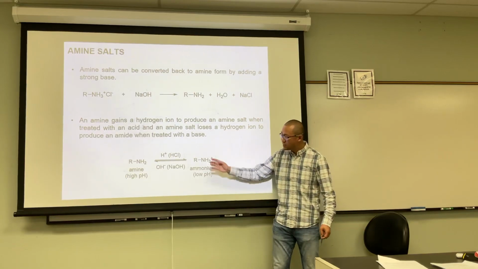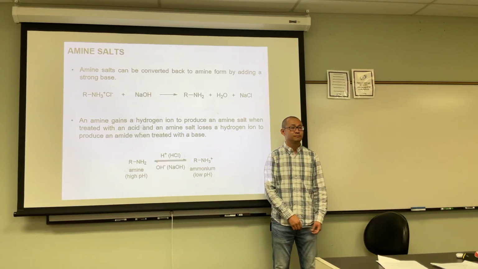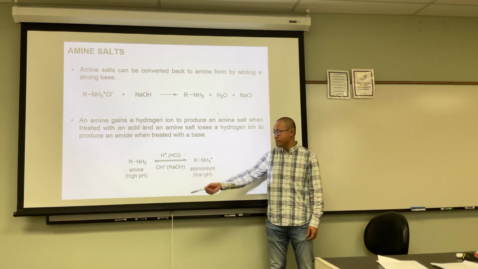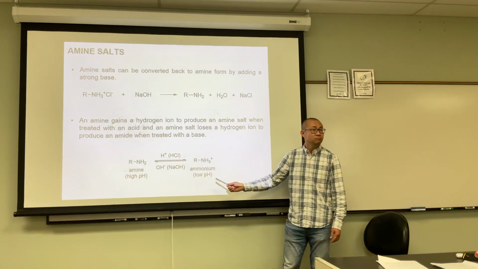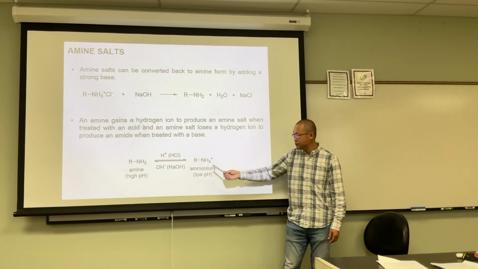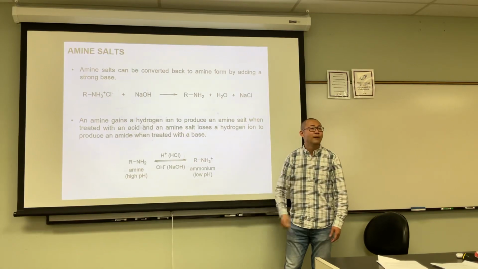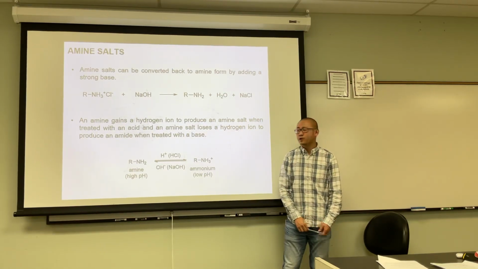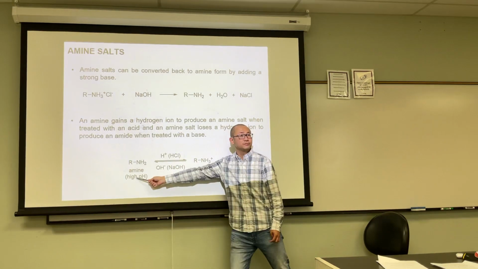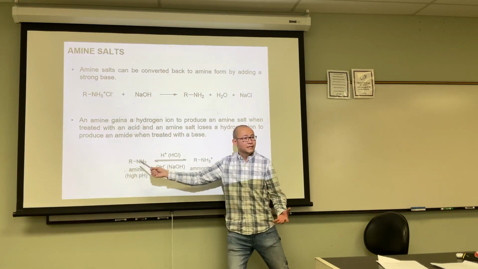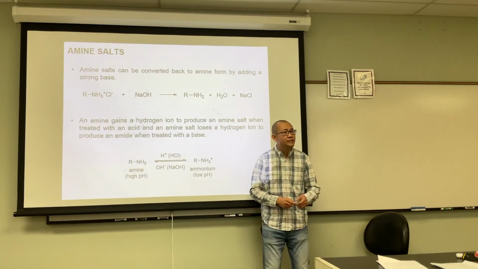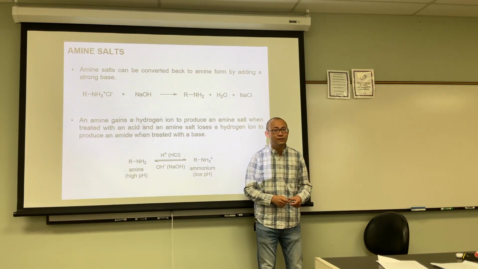It depends on pH, basically. Treat with an acid, which means lower pH. More acidic is lower pH. You can get ammonium salt. Treat with a base means higher pH. You can get the amine. Have you guys learned pH from anywhere? Or heard of this word pH?